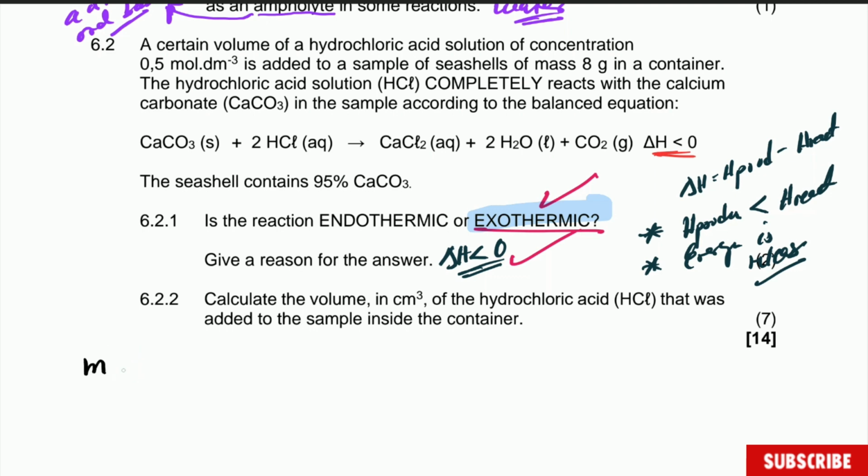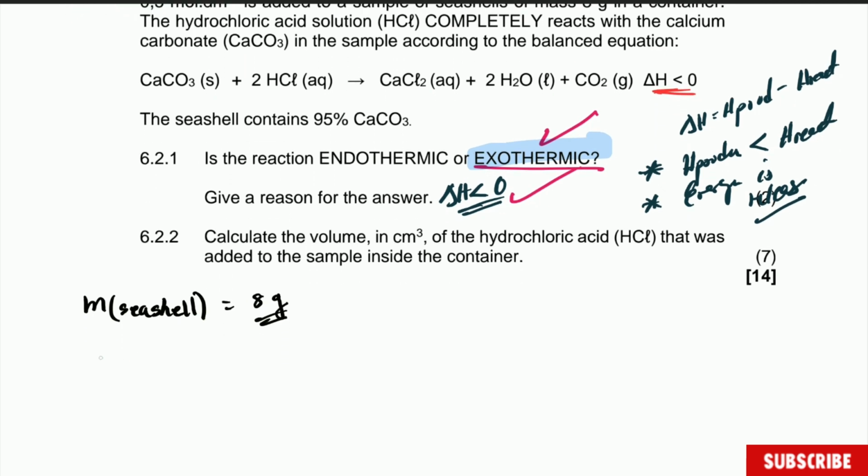Mass of the seashell, I'm going to write here, seashell is equal to 8 grams. Alright, but now 8 grams is not the calcium carbonate, it is the mass of the seashell. Now we know that the seashell is equal to 95% calcium carbonate.